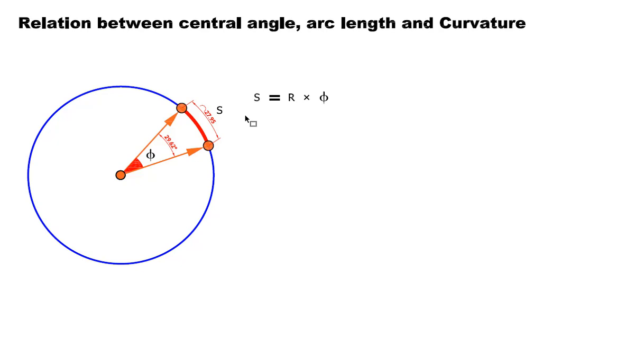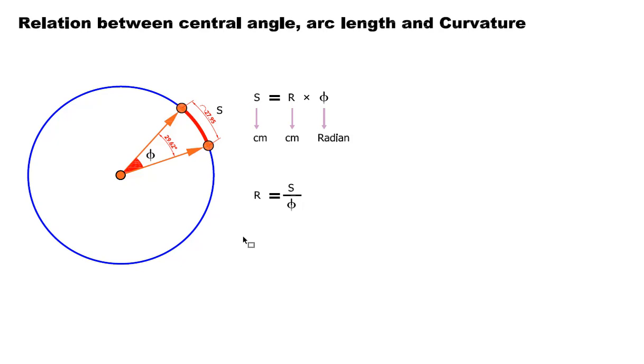We can use the centimeter as unit of measurement. So S is measured by centimeter, R is measured by centimeter, and central angle is measured by radian. From this relation, we can infer that the radius of curvature is equal to S over phi.